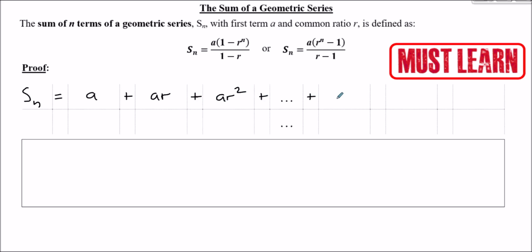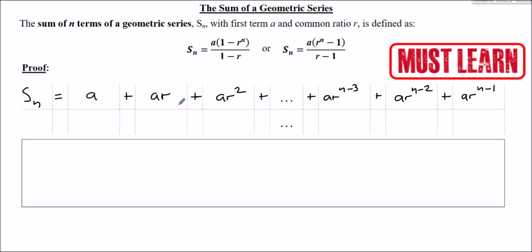Then over here, we're going to get to the point where it's ar to the power n minus 3, plus ar to the power n minus 2, and of course, the nth term of a geometric sequence is ar to the power n minus 1.